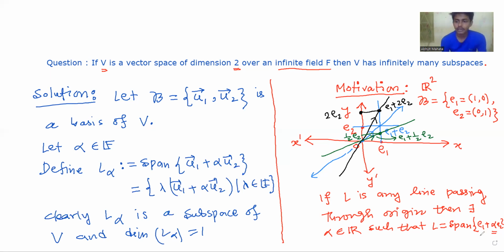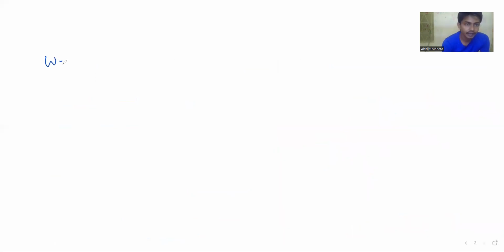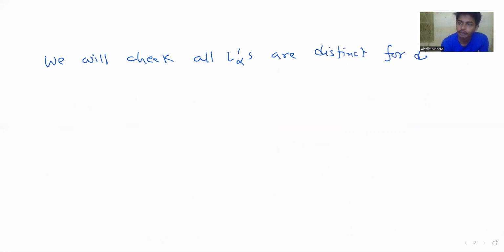So now the next target, I'm going to the next page. We will check that all L alphas are distinct for different values of alpha.